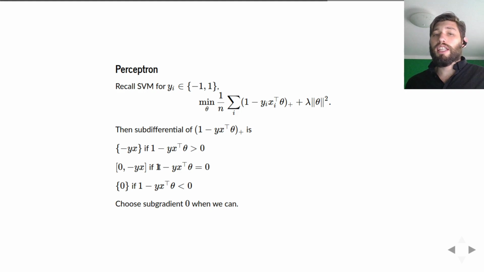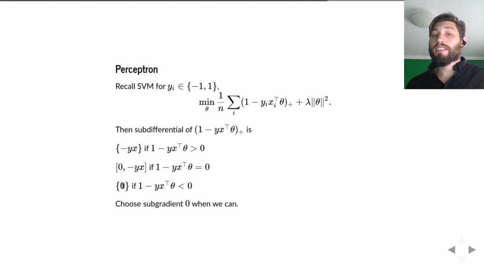And so then in the case that this exactly matches 0, and this is actually going to happen for some of these x, y pairs, those are what are called the support vectors. Right? And so in that case, you have this non-differentiability of the hinge loss function, and the subdifferential, unsurprisingly, is the entire interval from 0 to minus y times x.